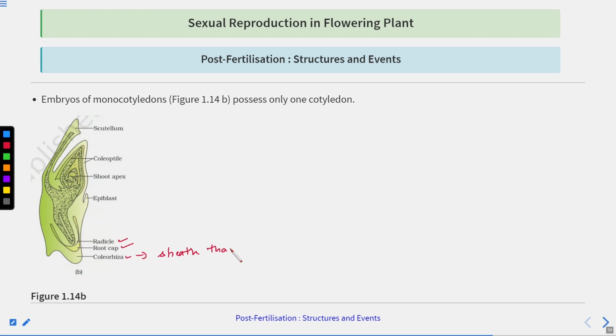that protects the root tip or the root apex. Similarly, coleoptile. Coleoptile is a sheath that protects the shoot apex or the shoot tip.